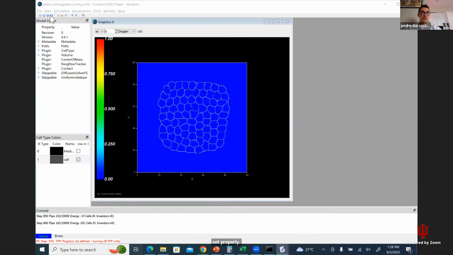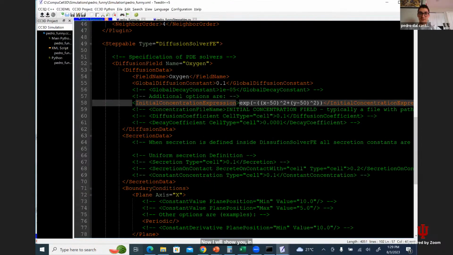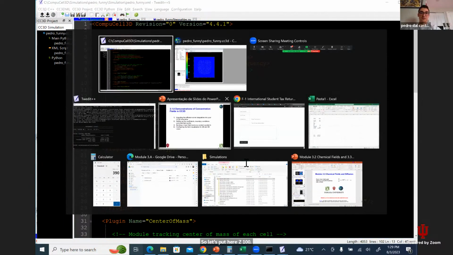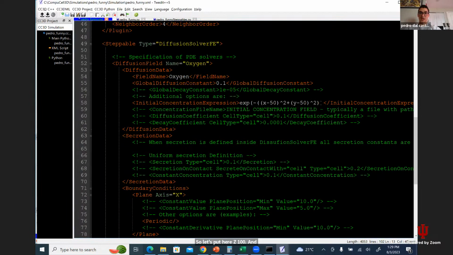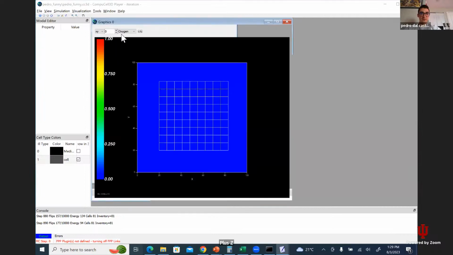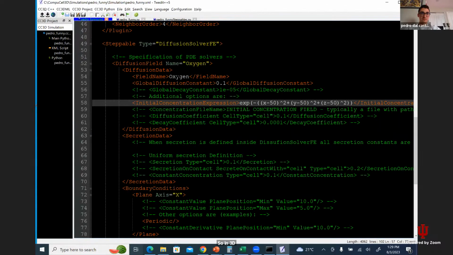Now I will show you how to visualize a field in 3D. So let's put here Z 100. And since we have another component, plus Z. So in 3D, and it crashed.